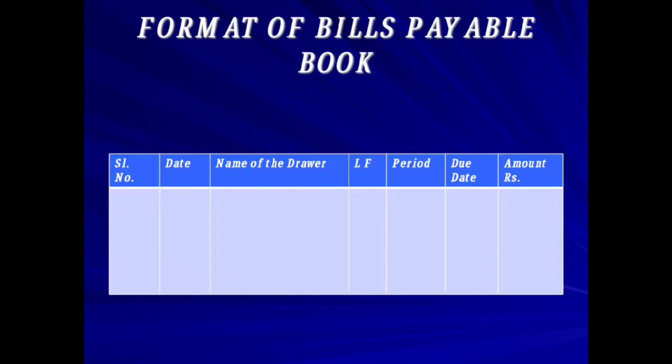Drawee means our customer, drawer means our supplier. Ledger folio, then period, how much time period we have to pay that amount, maybe 1 month, 2 months or 3 months, like that. Then due date, on which date we should pay that amount, then you write the total amount, how much we have to pay them.